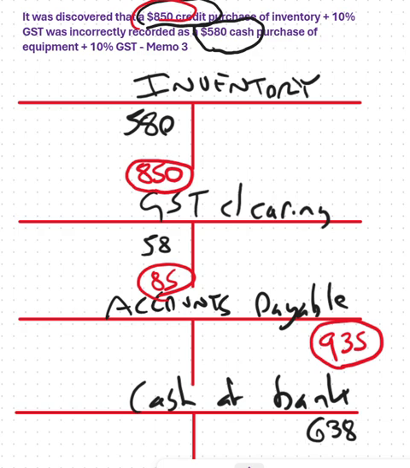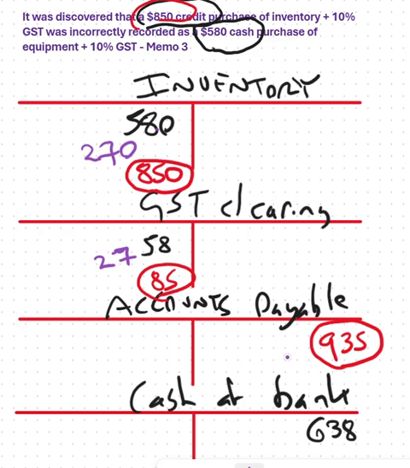So the next thing we need to do is let's work out how to rectify the error, and we'll work our way down. So our inventory, we need to top up by the difference between $850 and $580. So that means we need a $270 debit. We need a $27 addition to our GST debit side. We need to bring this accounts payable to $935 credit.